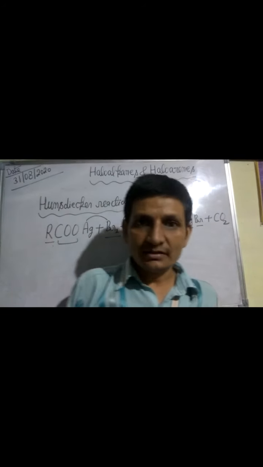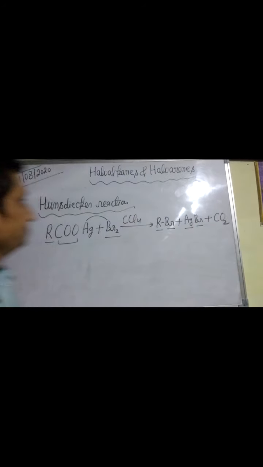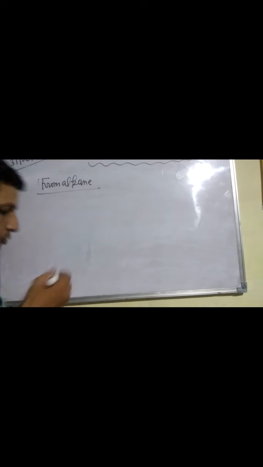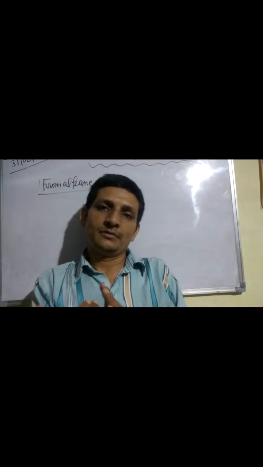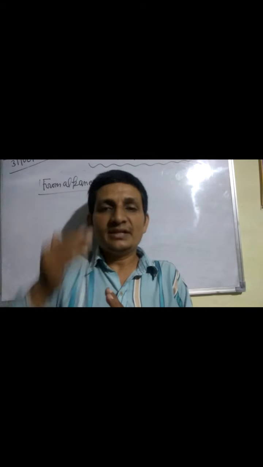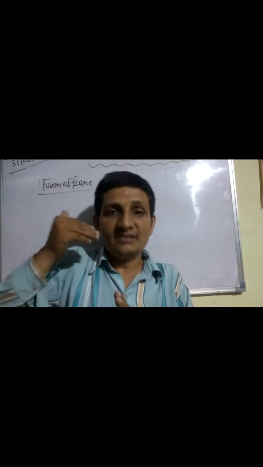Now I am telling you the next method, from alkane. When alkanes like methane are heated with chlorine or light, they give monochloromethane, dichloromethane, trichloromethane, tetrachloromethane.